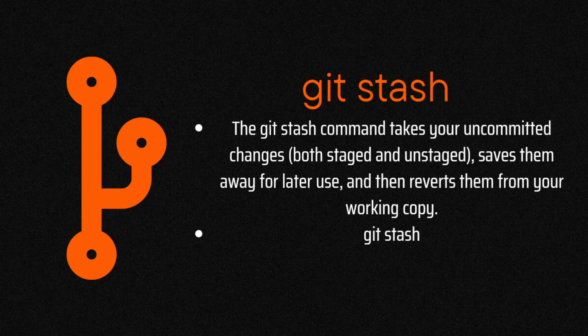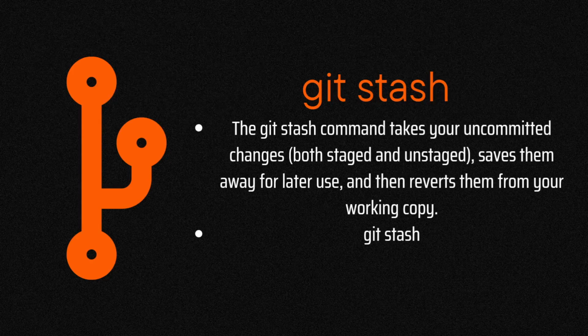Git stash is another useful command. Sometimes you are working on something or you have some idea that you're experimenting with, but you need to do something else. You need to commit something, or maybe you need to check out another branch, which we'll talk about in a minute. Then a pretty useful command is git stash.